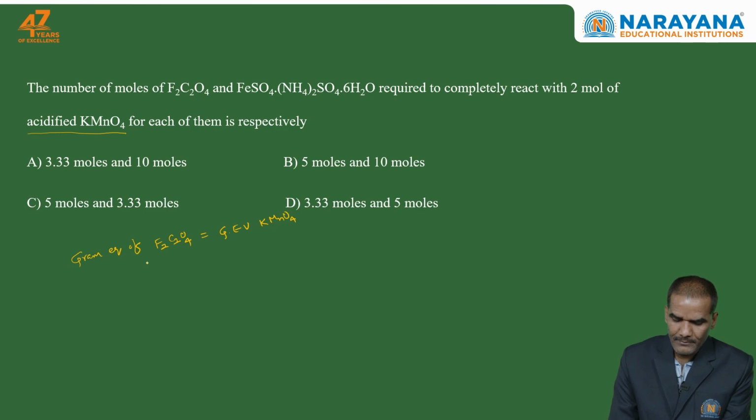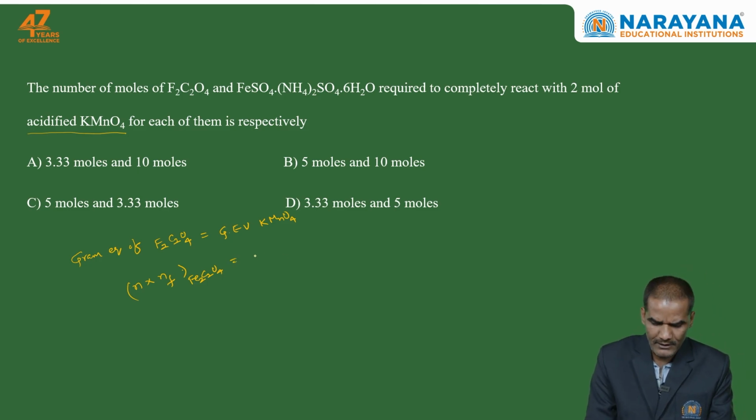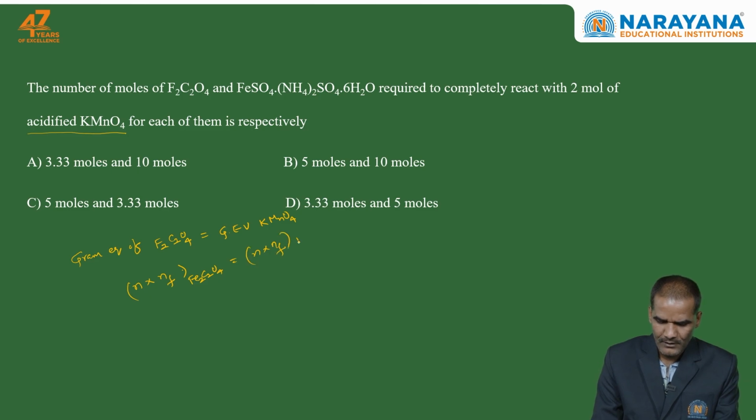Your question is asking in terms of number of moles, so we can convert the gram equivalence into number of moles times N factor, for ferrous oxalate, and similarly for KMnO4, number of moles times N factor of KMnO4.